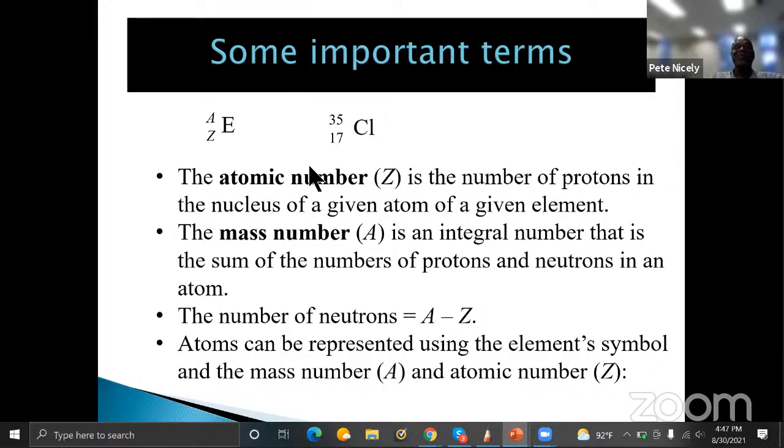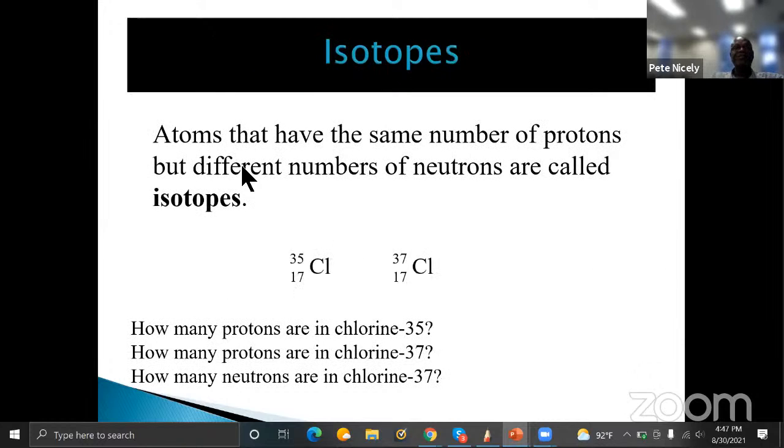We know that this particular atom has 17 protons, and we know that the sum of the number of protons and neutrons is 35, which means that we can calculate the number of neutrons by simply finding the difference between the mass number and the atomic number, 35 minus 17, which means that in this atom, there are 18 neutrons, all right? So that's basically how we can determine the number of protons, neutrons, and electrons.